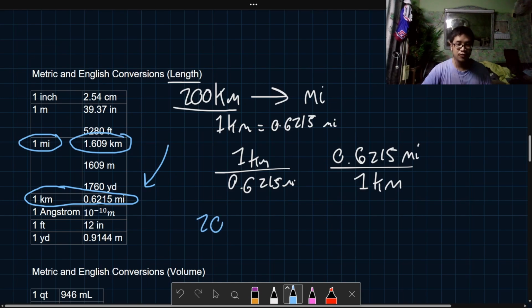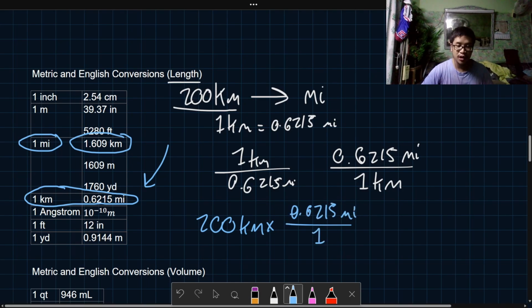So you will have 200 kilometers times 0.6215 miles all over 1 kilometer. The kilometer units here are canceled. So that's good. What's left is 200 times 0.6215 miles.